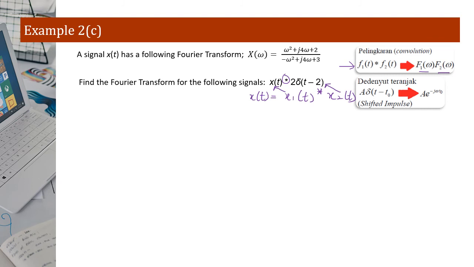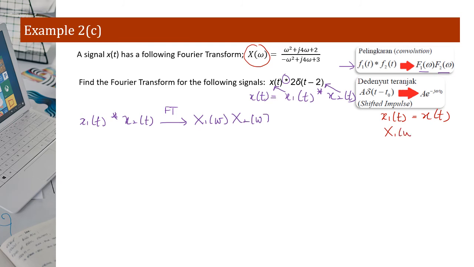So in this case, we know that x1(t) convolved with x2(t) will produce the Fourier transform X1(omega) multiplied with X2(omega). What is your X1(omega)? X1(omega) equals X(omega), because x1(t) equals x(t).